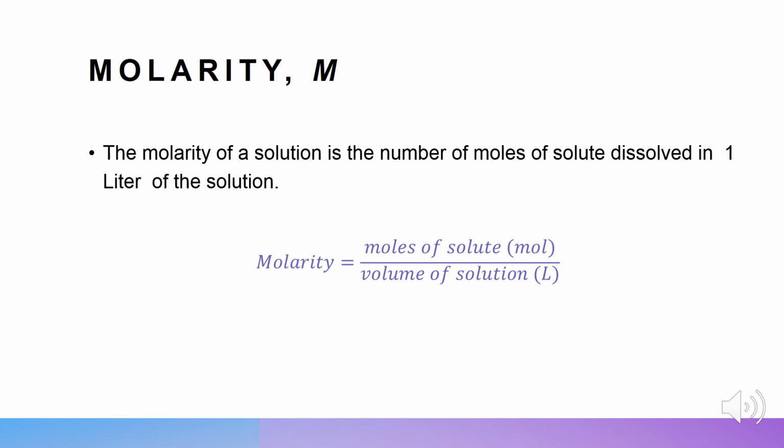From the formula, you can write the unit for molarity as mole per liter, or capital M, which stands for molar. If the concentration of a solution is written as 0.5 molar, it also means 0.5 mole per liter.